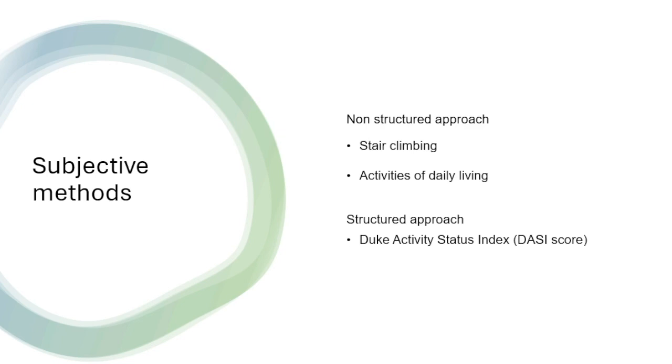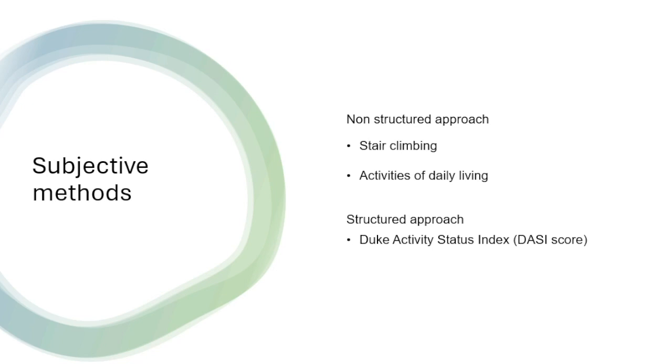So when we take stair climbing, we ask whether he can climb one flight of stairs. Generally we say if the patient can climb one flight of stairs, that is equal to 4 METs. The number of steps differs in each staircase and even the height.